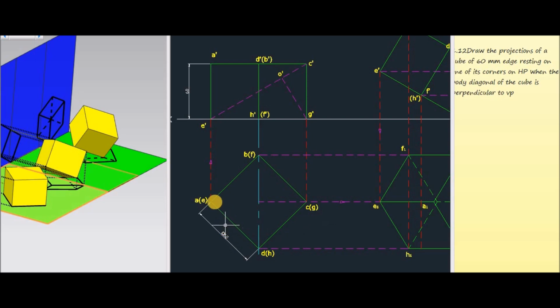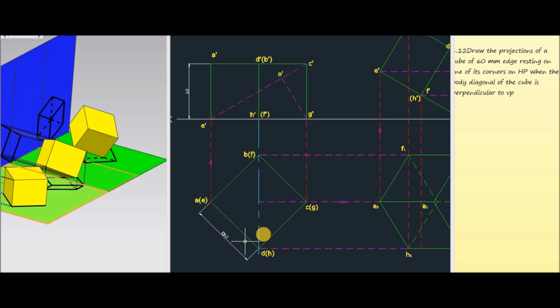These are the top corners A, B, C and D, then the bottom corners in brackets E, F, G and H. All these bottom corners are shown inside the bracket because they cannot be observed, they are not visible when we are observing the cube from the top side, and the top corners A, B, C and D are all visible, so they have to be represented outside the bracket.